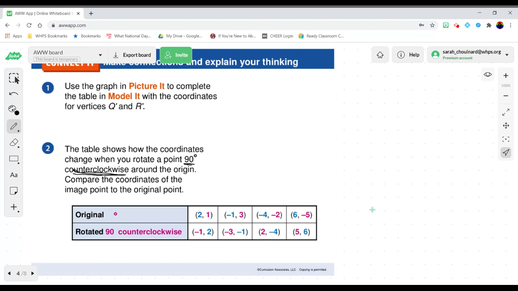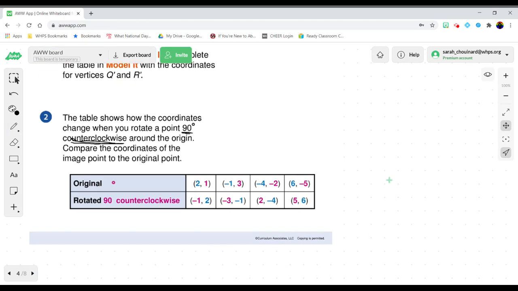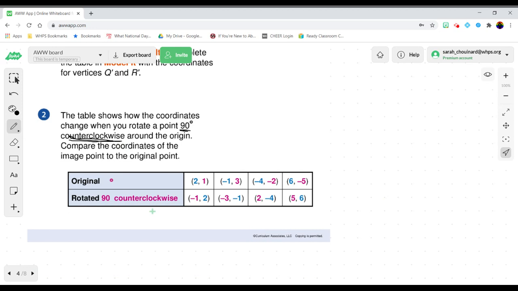So I'm not sure if you're noticing this, but essentially what happens with 90 degrees counterclockwise is we are going to switch x and y. The x and y coordinates flopped, but notice how it wasn't just that they switched. When the 1 came to the x coordinate, it became -1. Same thing here.